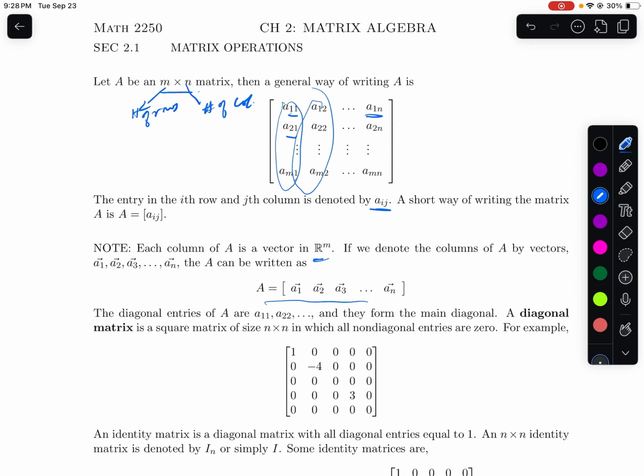The diagonal entries of A are a11, a22 and so on. It can be a square matrix or it may not be a square matrix, so we don't know what will be the last entry. Now a diagonal matrix is a square matrix of size n by n or m by m, in which all non-diagonal entries are 0.